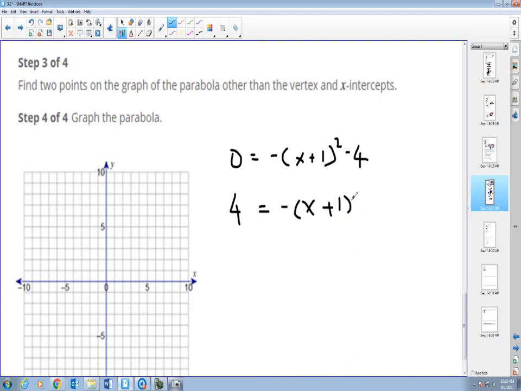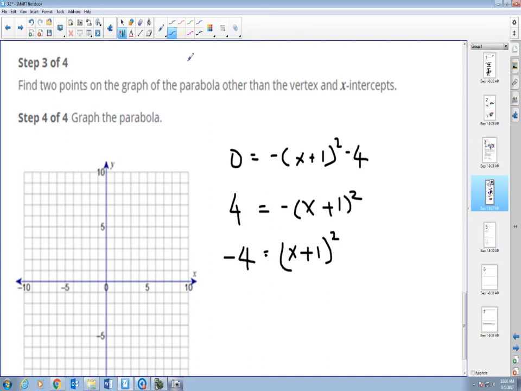Now I am not going to take a square root on both sides right now, including a negative. If I divide both sides by this -1, that will make this 4 negative. And this side would just be x plus 1, whole thing squared.